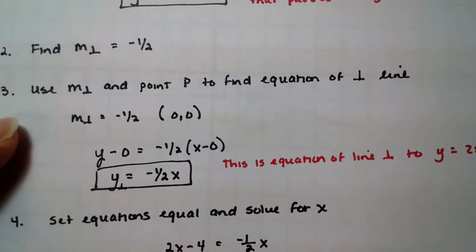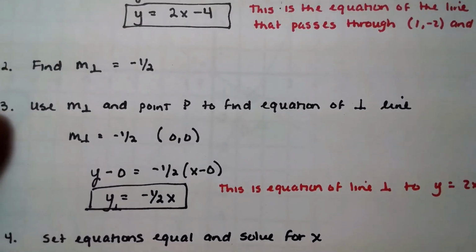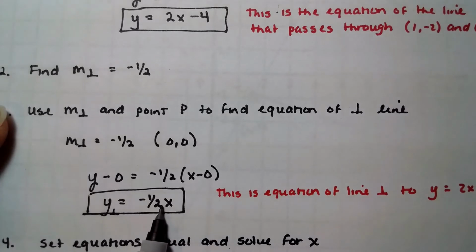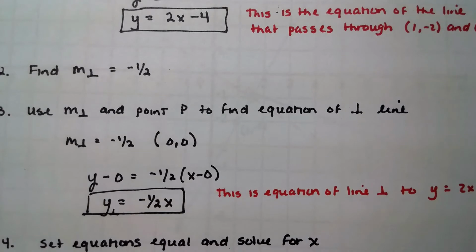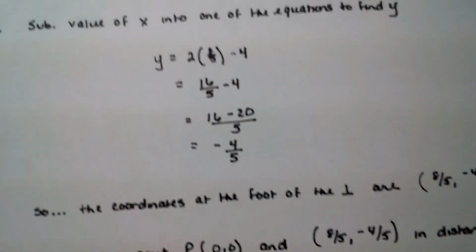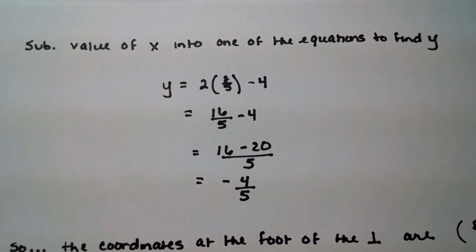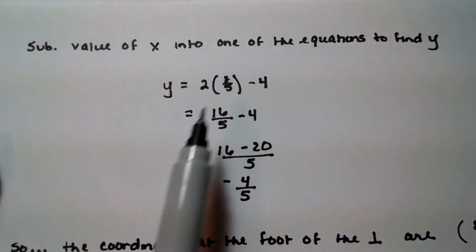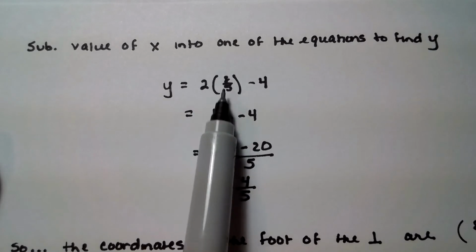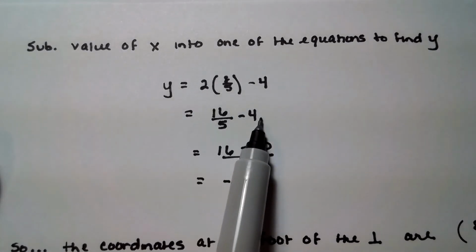At that point you have to find the y coordinate. When I want to find the y coordinate, all I'm going to do is take the x value that I found and either plug it into this equation or the other equation, whatever one is easier. Okay, so I went ahead and I substituted 8/5 into the 2x minus 4 equation. 2 times 8 over 5 is 16 over 5 minus 4.